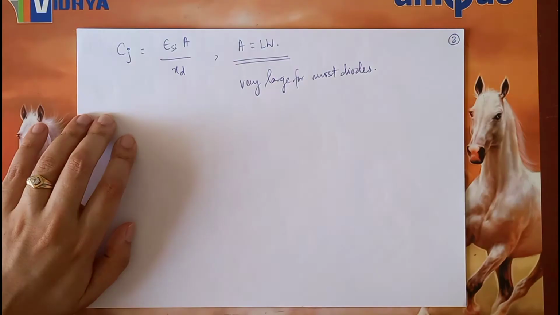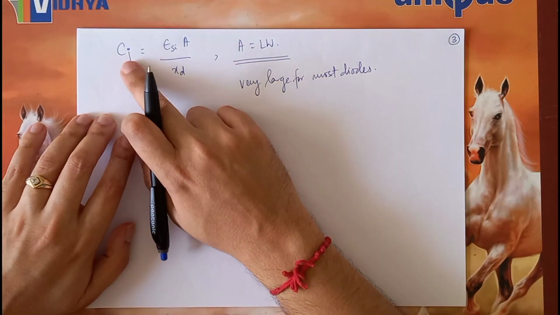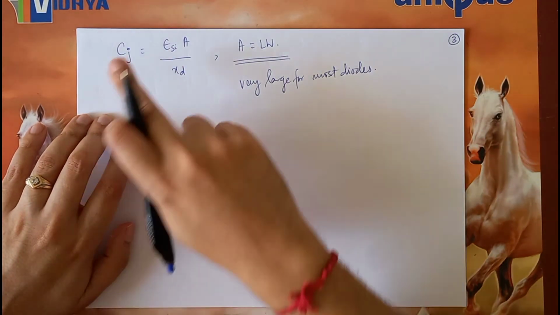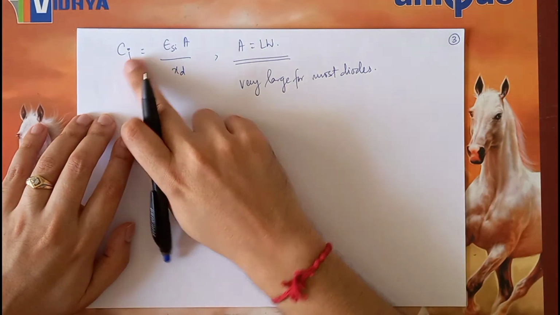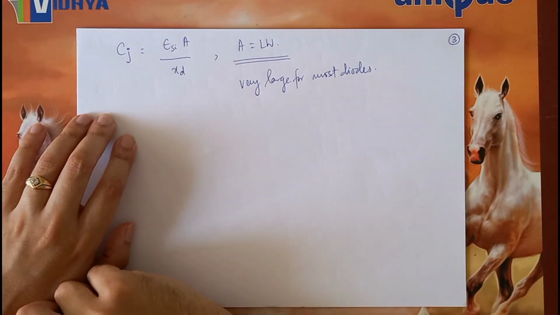So in the reverse bias, what is happening is that there is a capacitor, a capacitor of a pretty large value because of the large area.